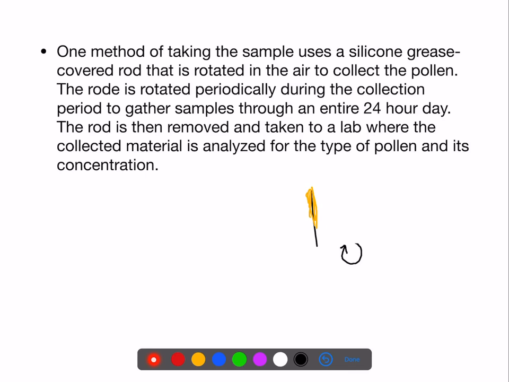And as they spin it around, all these pollen particles that are in the air start getting stuck on this grease. Now, after the 24 hours, they remove this rod, bring it to the lab, and determine what type of pollen is in the air. They do that using different tools and different scientific methods in order to find out where this pollen is, what type of pollen it is, and how much is concentrated.